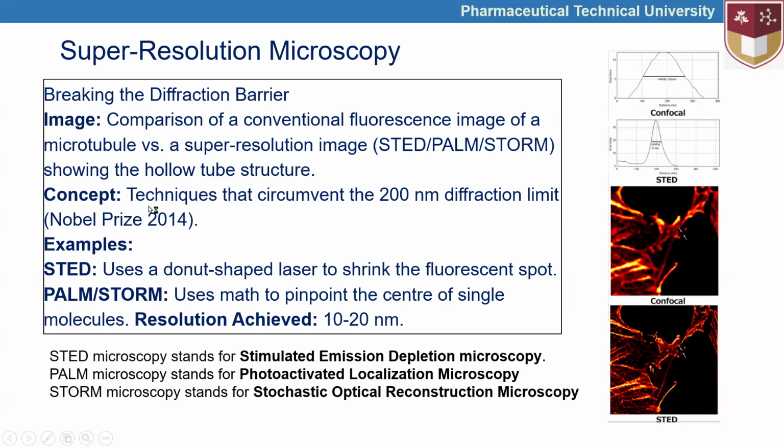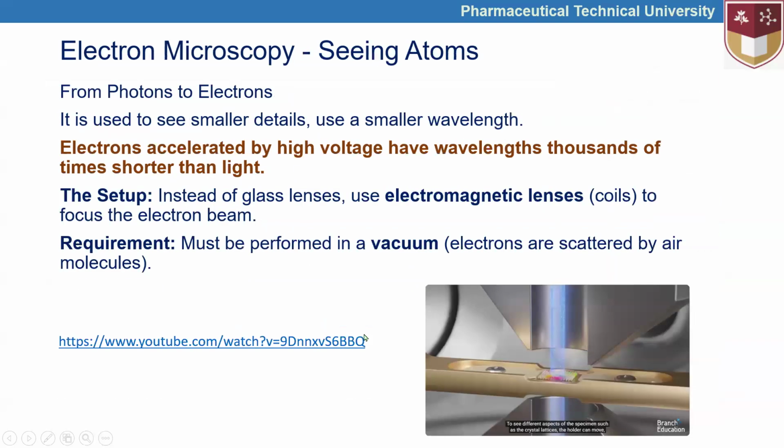I think for developing this kind of technique, the Nobel Prize was given in 2014. Okay, STED uses a donut-shaped laser to shape the fluorescent spot, and the resolution can be achieved to 10 to 20 nanometers.